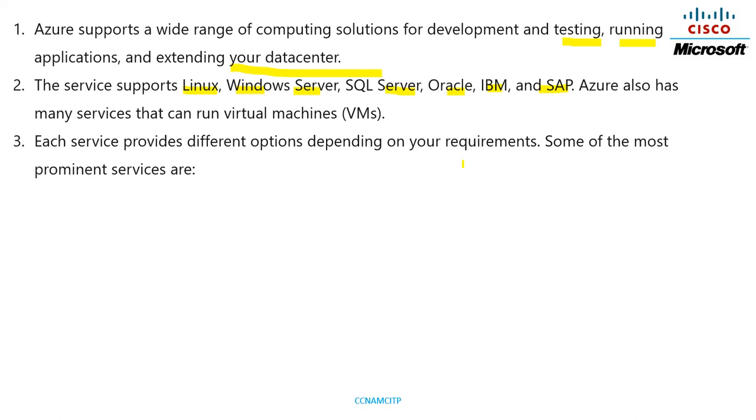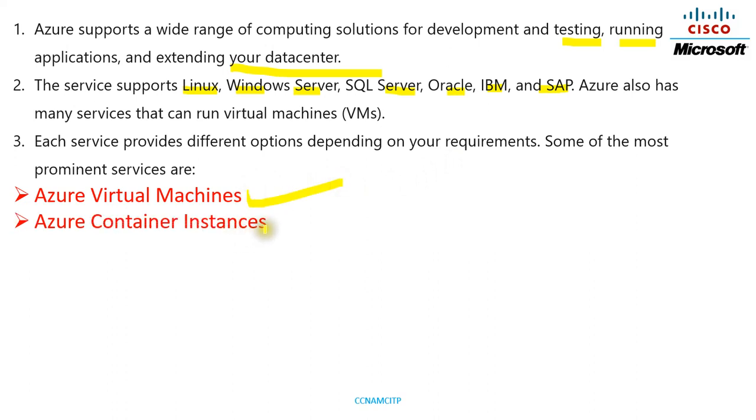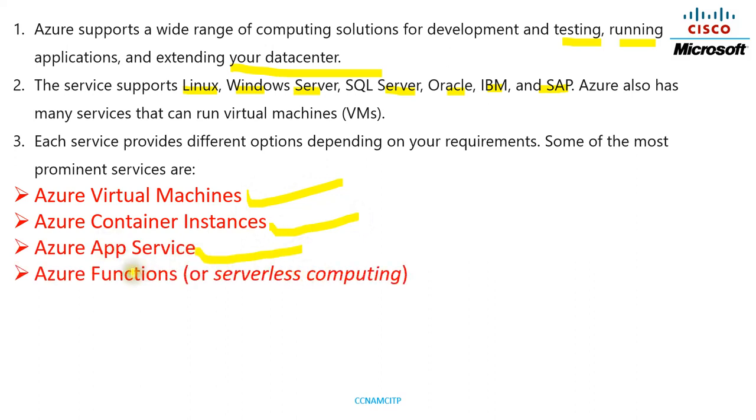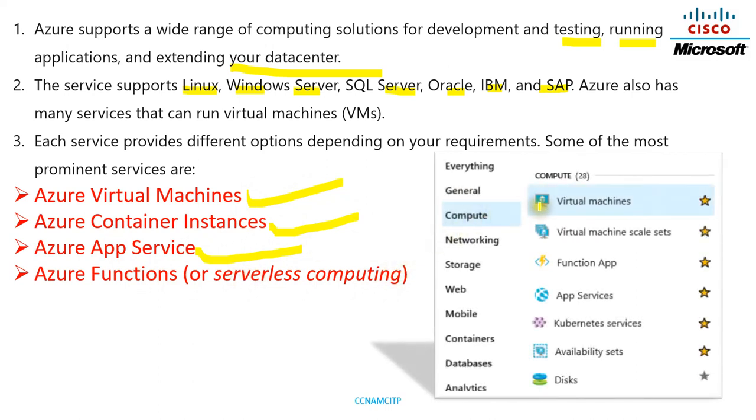Some of the most prominent services are Azure Virtual Machine, first, Azure Container Instances, next one, Azure App Service, next one, Azure Functions, which is also known as serverless computing. Apart from this, you can see a small diagram here.